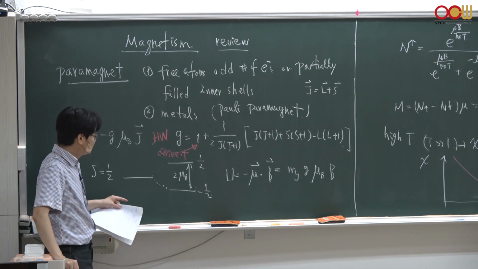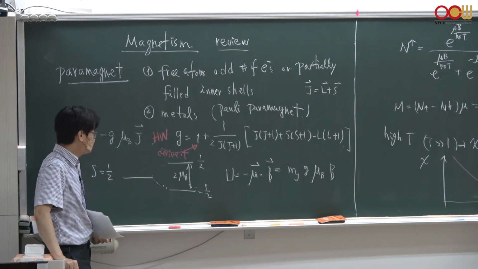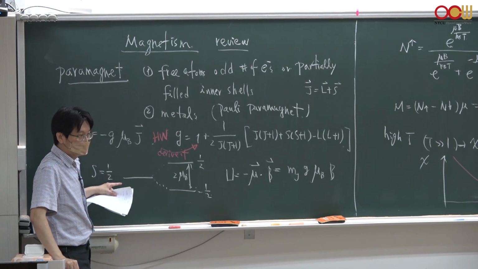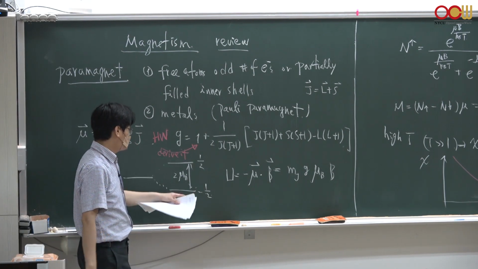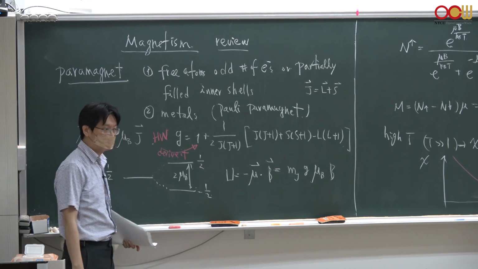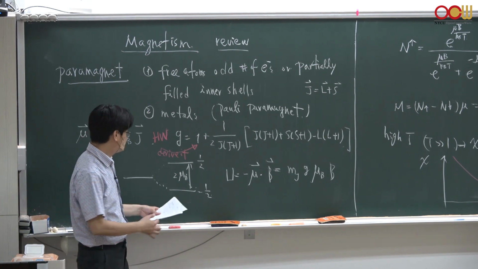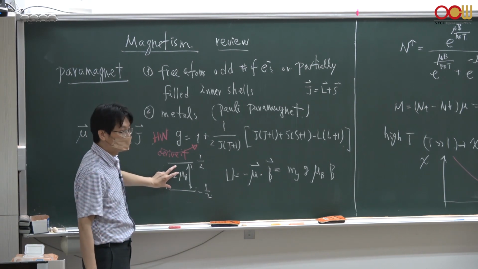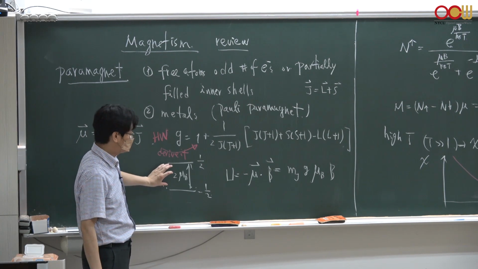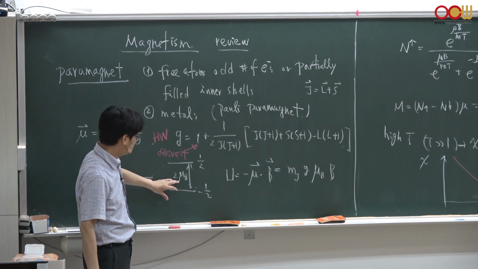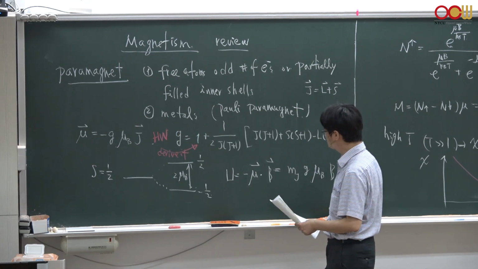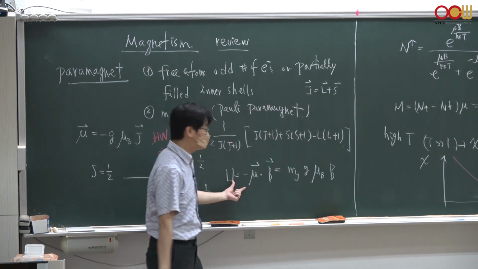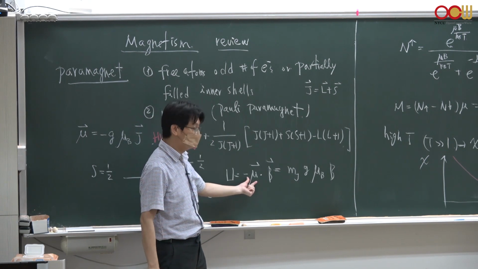You know from your undergraduate quantum physics that a single electron could take plus 1/2 or minus 1/2 h bar of angular momentum, and in the field, these two states are split by an amount of 2 times mu_B.